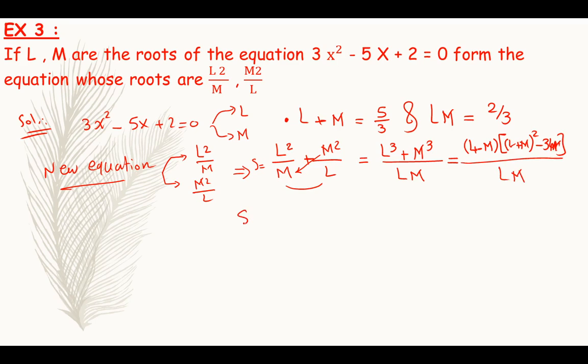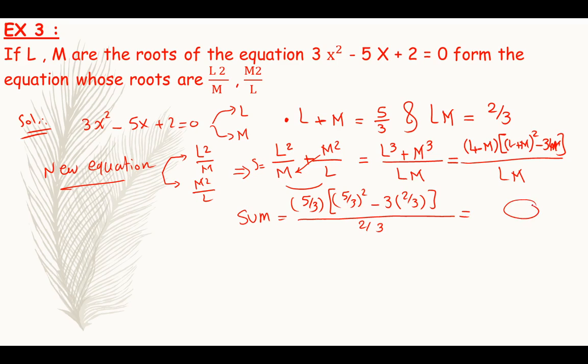So the sum again will be equal to L plus M, 5 over 3, L plus M to the power of 2, 5 over 3 to the power of 2 minus 3LM, 3LM here equals 2 over 3, and this will be over LM, which is equal to 2 over 3. Use your calculator to find the sum.